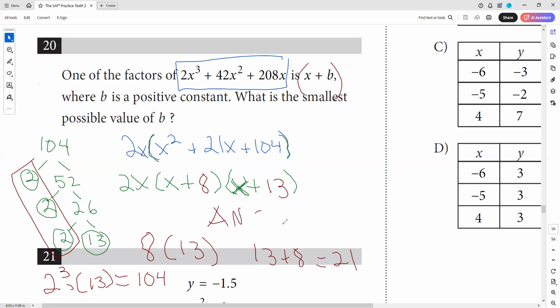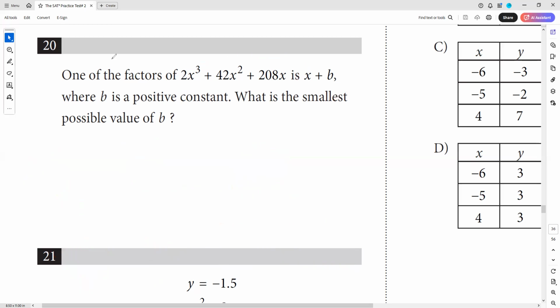So your answer is 8. All right, pause the video so you can copy all the notes, because if you don't pause it, you're going to lose. Or you can rewind it, I guess, but I'm going to clear everything to go to question 21.